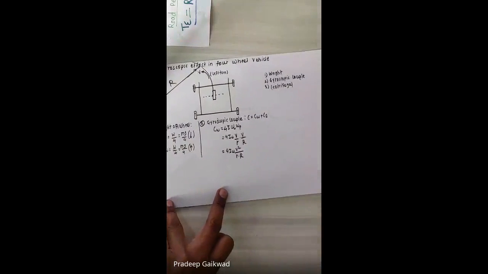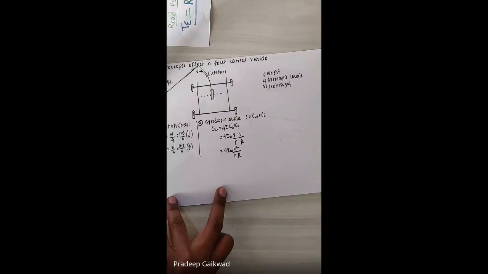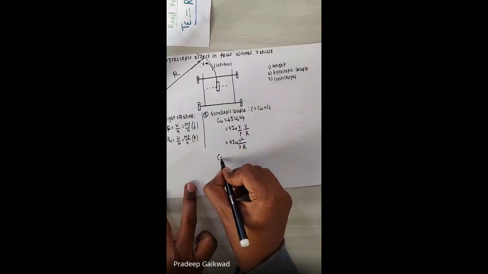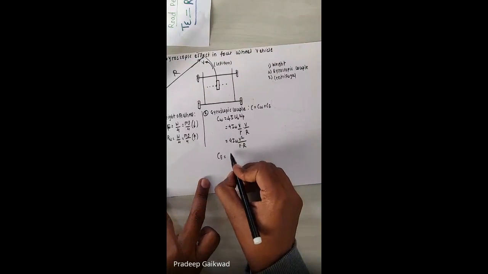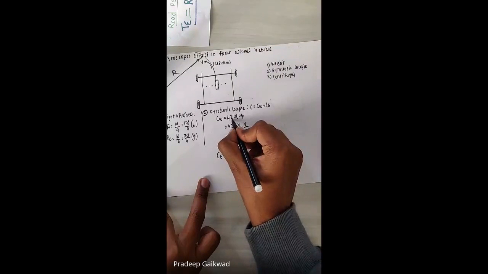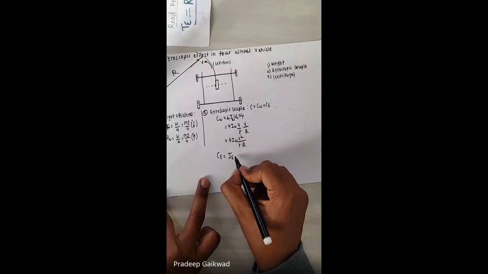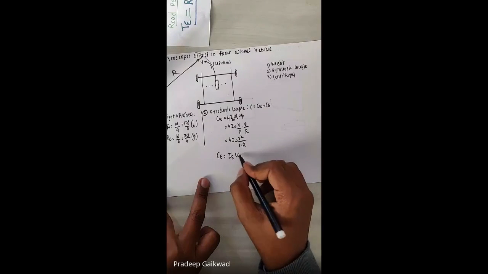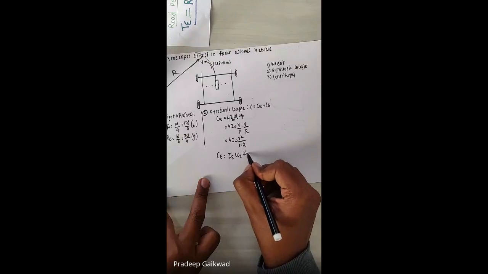Along with this, we also have to find out the gyroscopic couple due to the engine parts. But there is only one engine rotor. So I can write CE is equal to, the basic formula remains the same, I of engine into omega of engine, omega E, the angular velocity of the engine, into omega P of the engine.